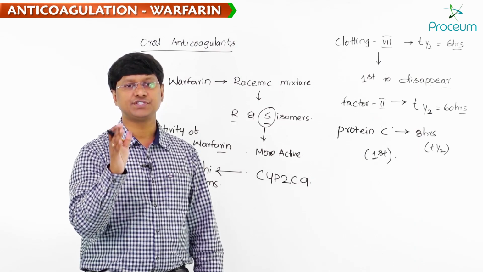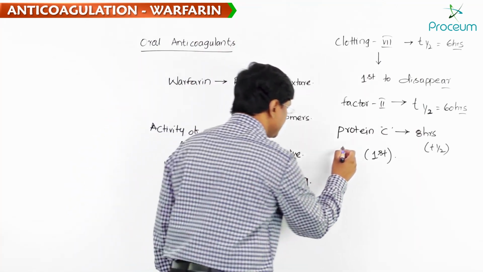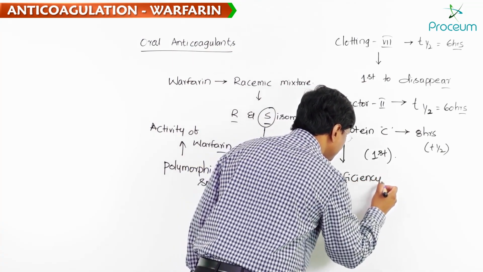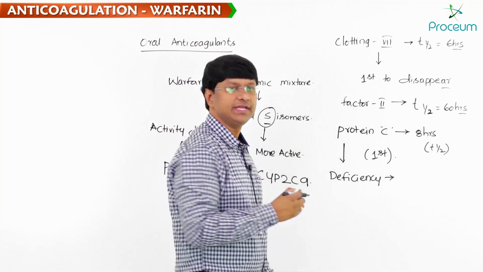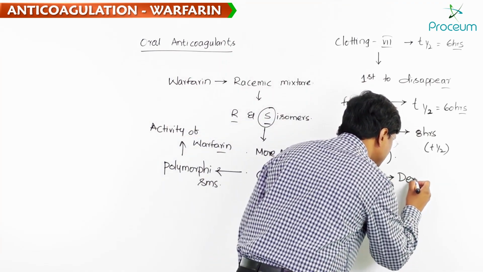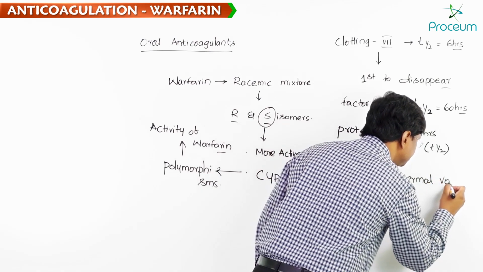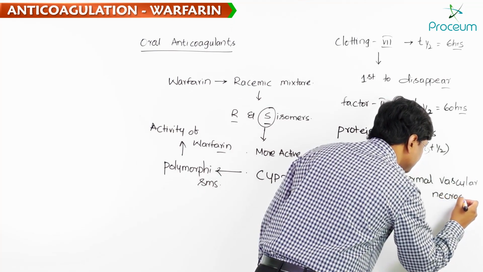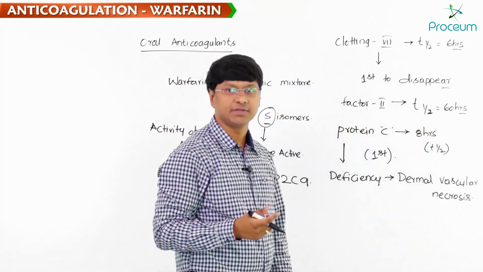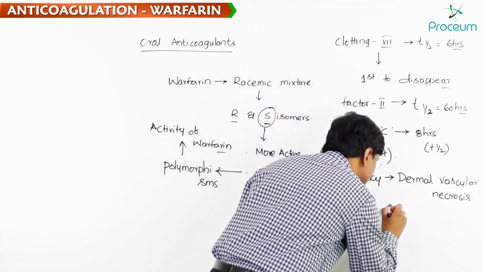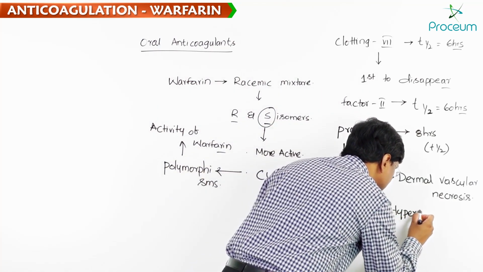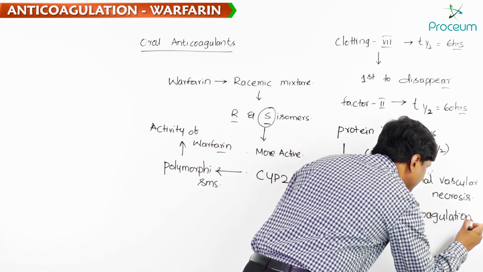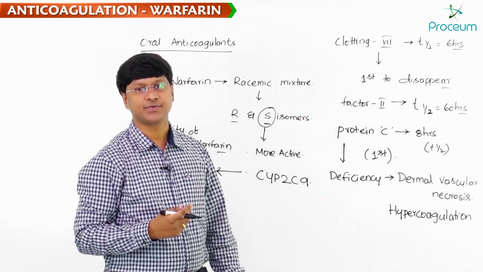So deficiency of this protein C will cause dermal vascular necrosis, and it will also cause hypercoagulation.